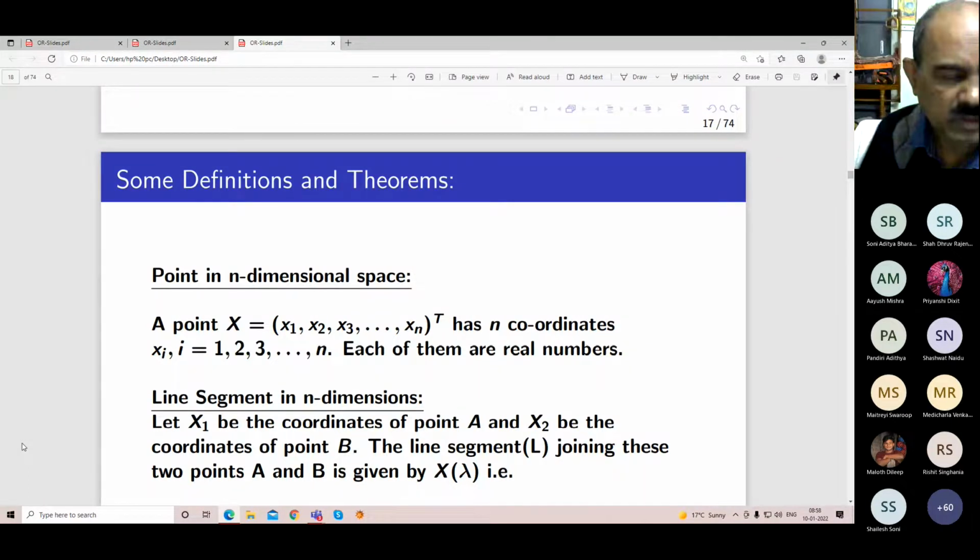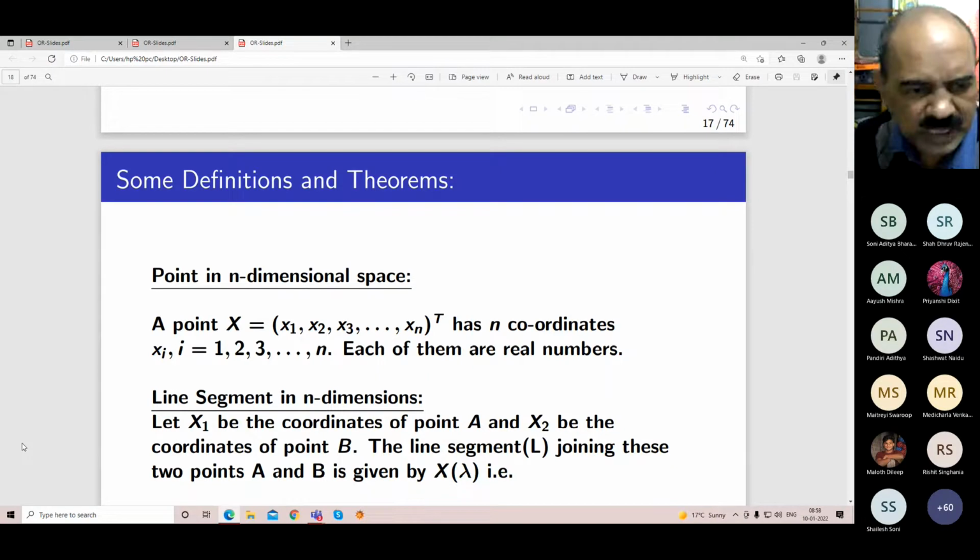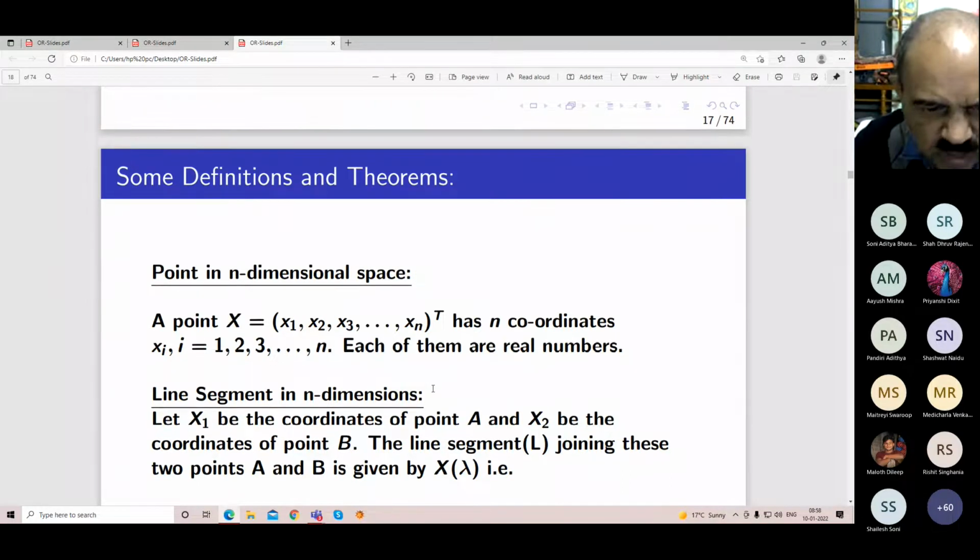So when you say that x is a point, this has n number of components. These are the coordinates also. With respect to these components, in the linear programming problem, all the components have to be non-negative.